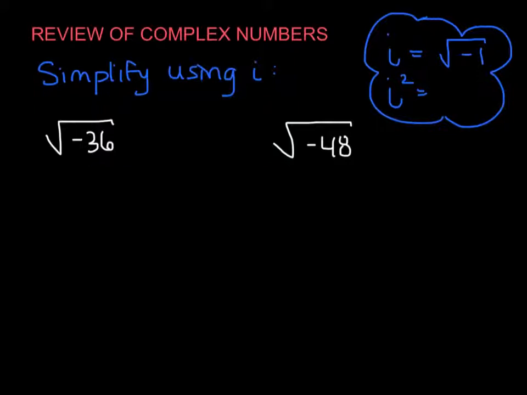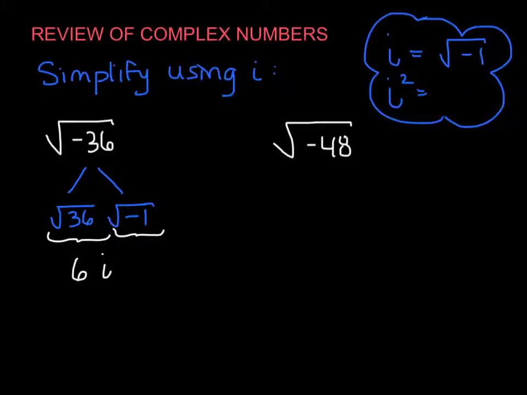Okay, so for example, when I have the square root of -36, you don't always show all this work, but this is how I really get to my value in the end. I can rewrite this as the square root of 36 times the square root of -1. That's how I can get to -36. I break it up like that because then I know that the square root of 36 is 6, and the square root of -1 is exactly the definition of i.